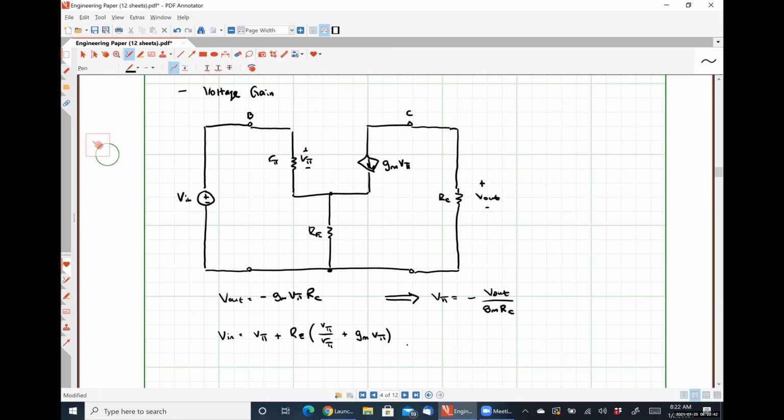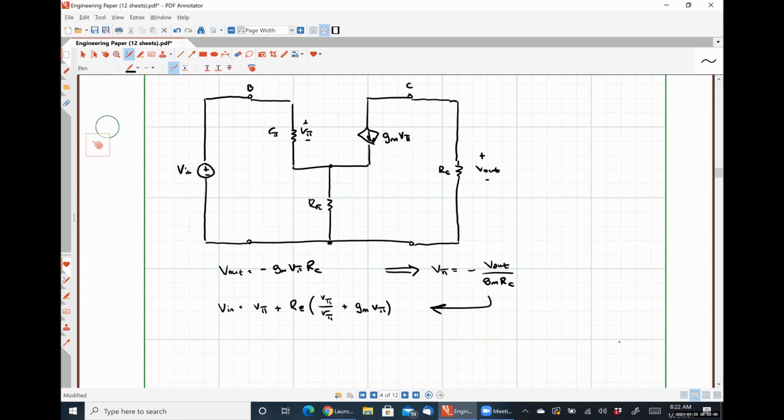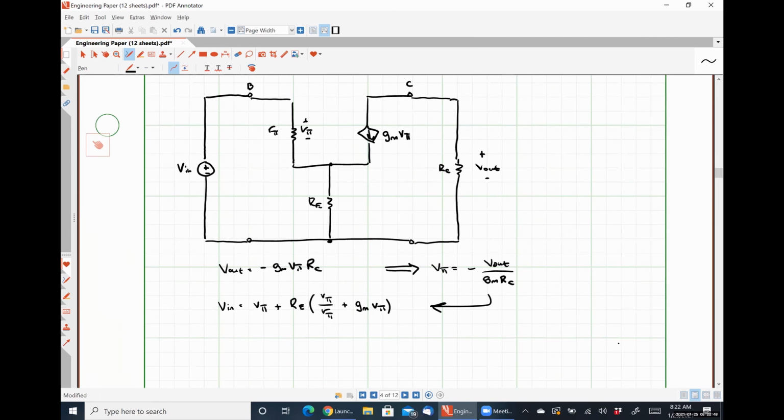And now I can substitute in my relationship for V pi in terms of the output voltage into here.